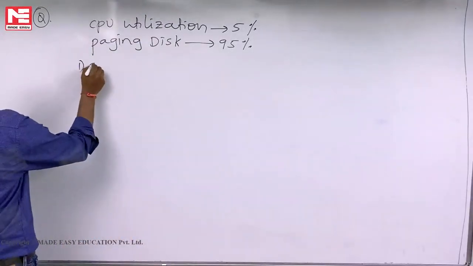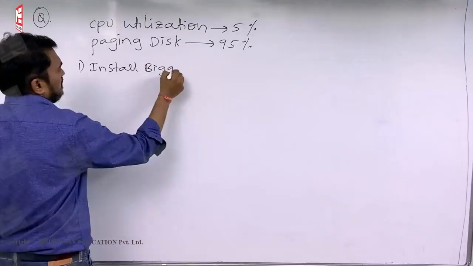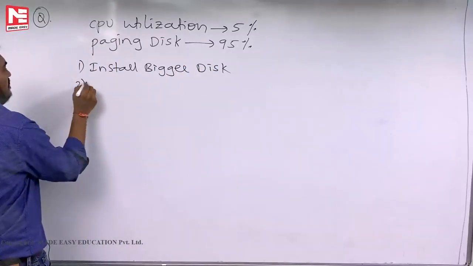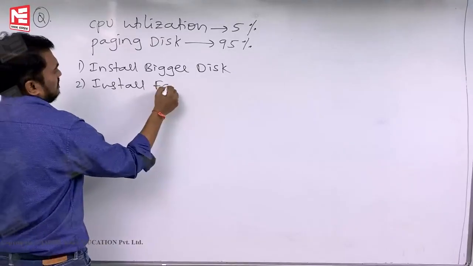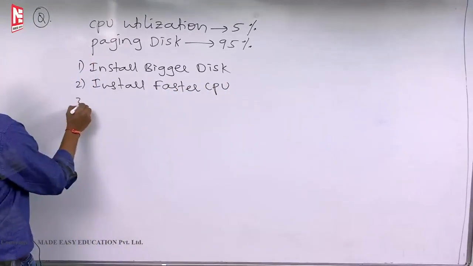The first one, no doubt, is install bigger disk. Next, install faster CPU.